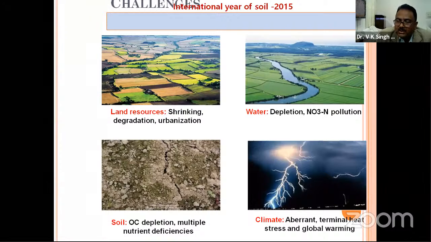Once we put excess nitrogen without proper place and timing, it gets lost as nitrous oxide, affecting our global warming potential, and that is a reason for climate change.